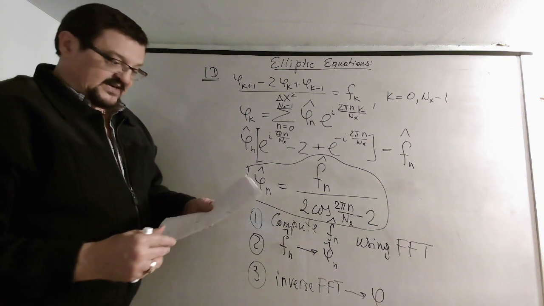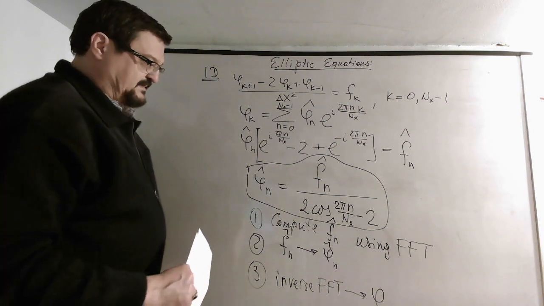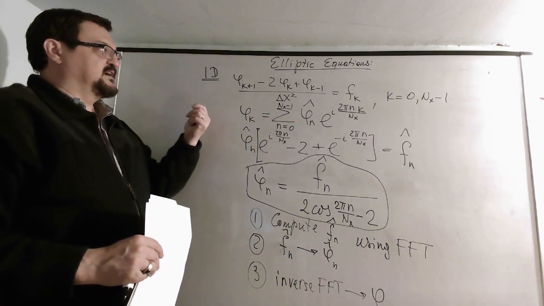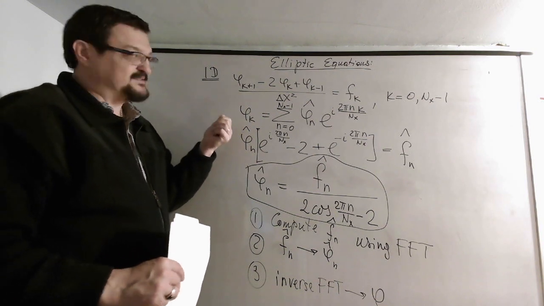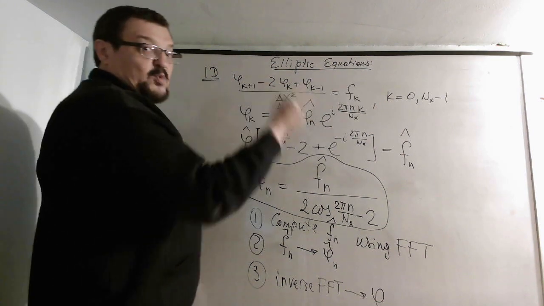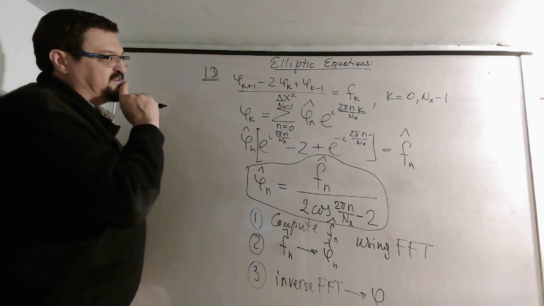A similar procedure can be done in 2 dimensions, or even in 3 dimensions. That's why it's very important not to have mixed derivatives, because you have the derivative in x and derivative in y independent from each other, so they're linear with respect to each other.